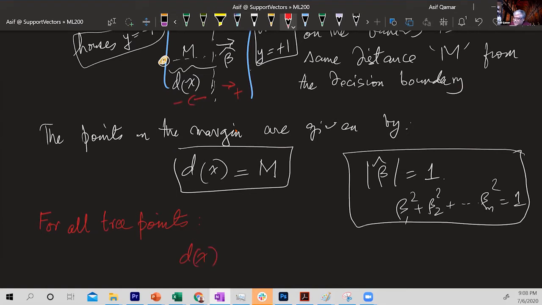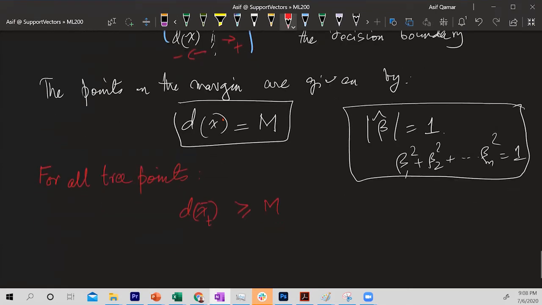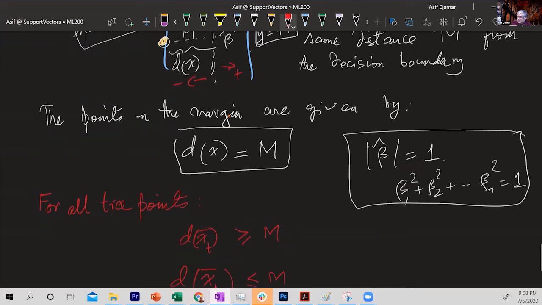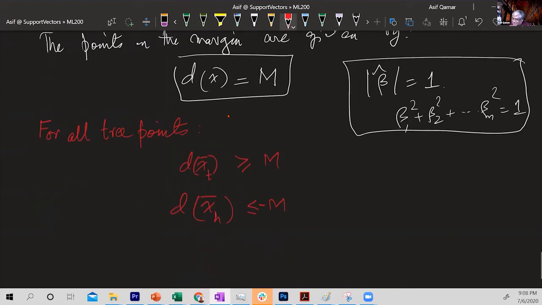Dx for any tree point x tree is greater than or equal to positive M. At the same time, the distance of any house point is less than or equal to minus M. Would you agree, guys? This crucial minus is important.